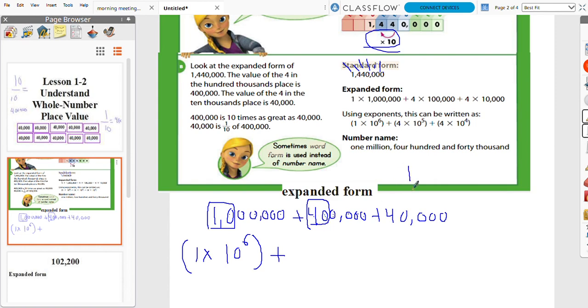Because if I did 10 to the 5th, I would write my 1 and then put my 5 zeros, 1, 2, 3, 4, 5, because that's what this exponent is telling me. And that's 100,000. But we have 400,000. So how many 100,000s are in 400,000? 100,000, 200,000, 300,000, 400,000. Counted 4 times. So that is why they write 4 times 10 to the 5th.